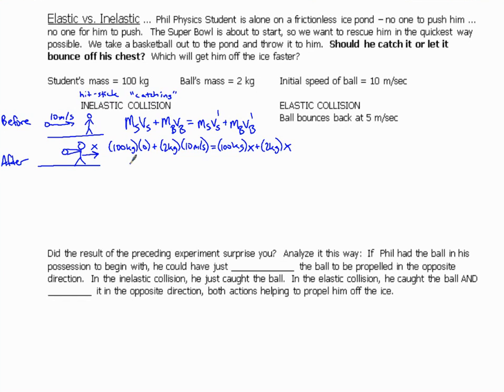So running the numbers, this is 0 plus, here we have 20 equals, all of this is 102 times x. Divide both sides by 102, and we find that x equals 0.196.